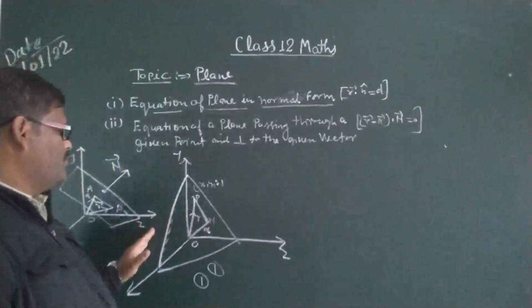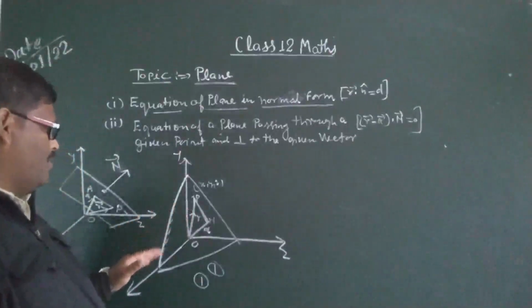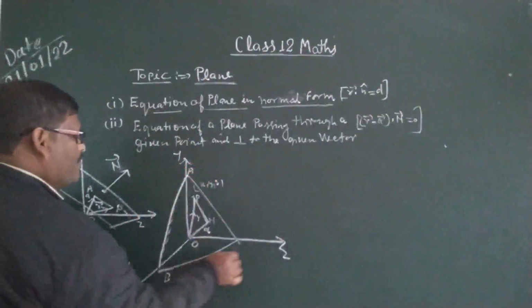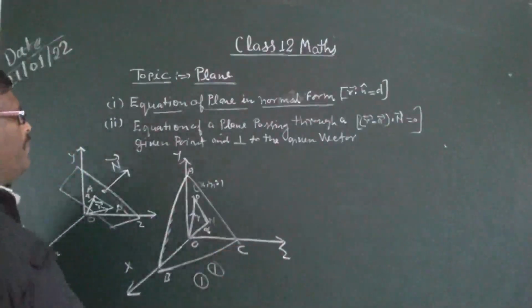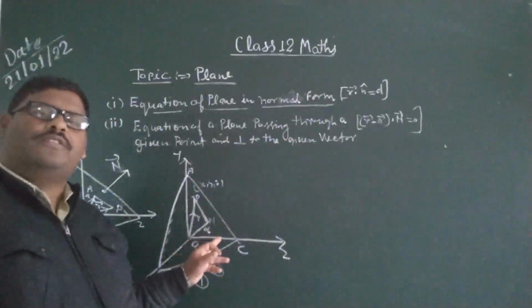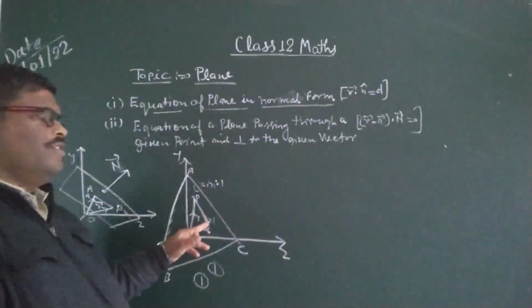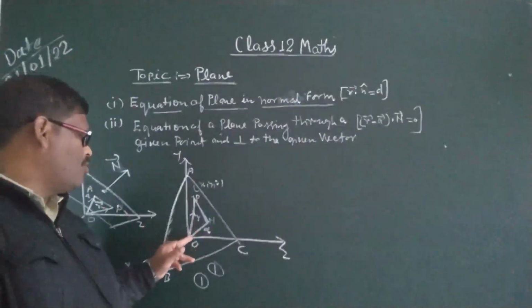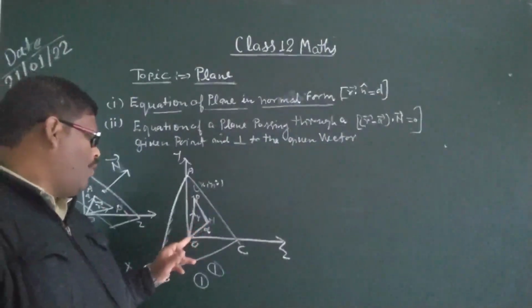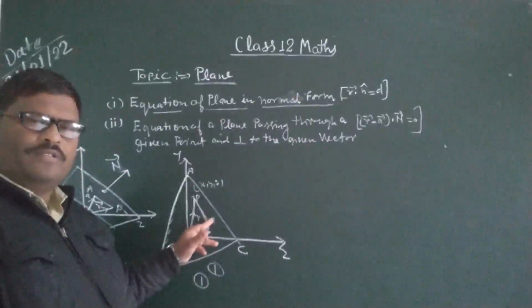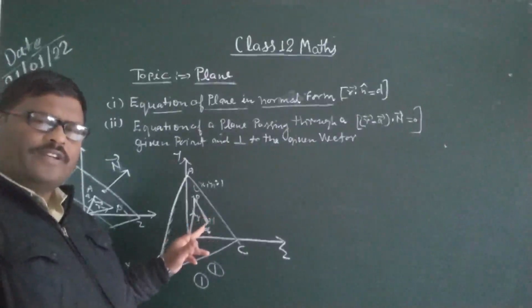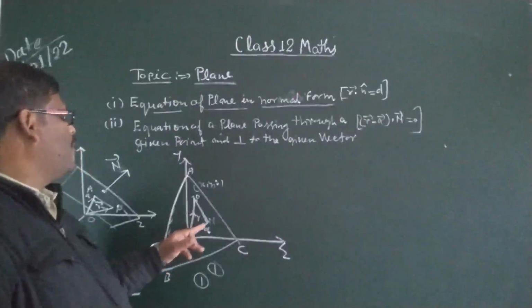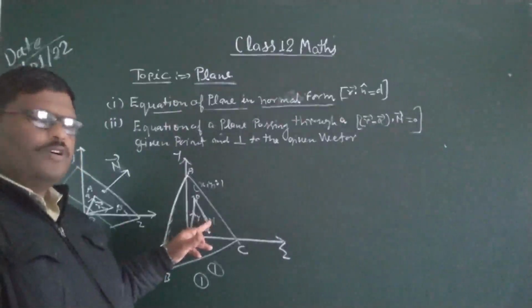First condition, that is known as normal form equation. The normal equation: suppose that ABC is a given plane, the perpendicular distance of the plane ABC is small d, and n cap is along the direction of the vector ON, unit vector n cap, that is along the vector ON.